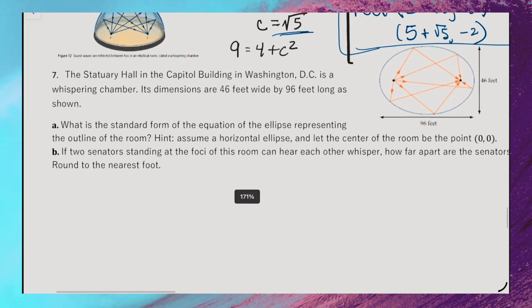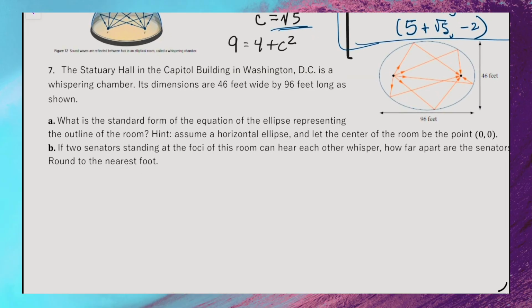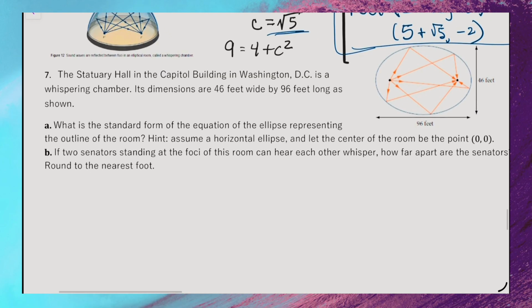All right, I have one more on ellipses to look at. The Statuary Hall in the Capitol building of Washington, D.C. is a whispering chamber. Its dimensions are 46 feet wide by 96 feet long, as shown.